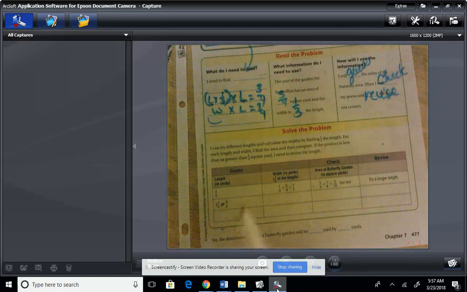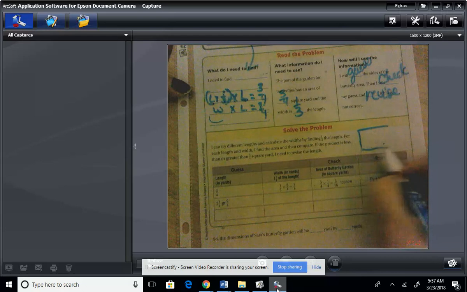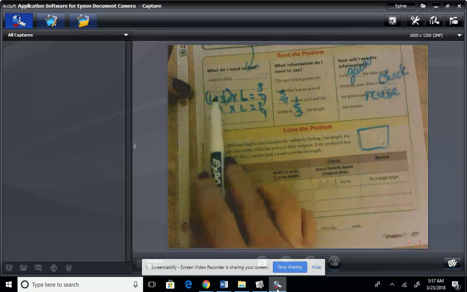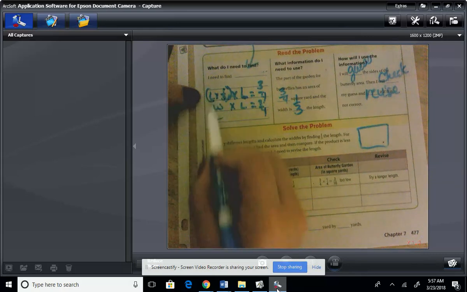Okay, here we go. They're just going to show you how they started off. They decided the length, so here's our butterfly garden. In our formula here, they decided that the length was going to be 3/4.